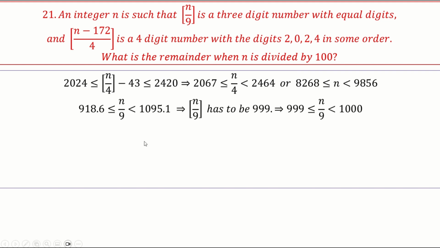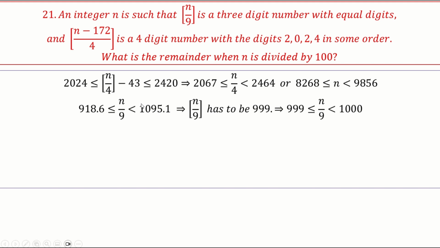Now n by 9 is a 3-digit number. So let's see the range of n by 9. If I divide this expression by 9, I will get 918.6 less than or equal to n by 9 less than 1095.1. Anyway, the maximum it can go is 999. Since n by 9 is a 3-digit number with equal digits, which number is possible in this range?